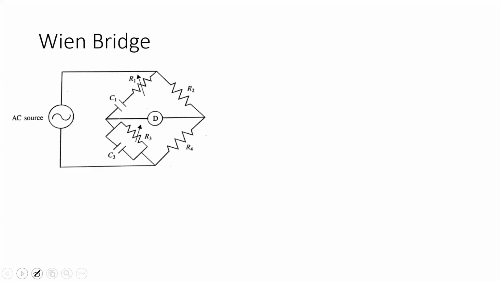Now, lastly, today I'll discuss another bridge circuit, one for measuring unknown frequency. It can be used for measuring the signal frequency. If the frequency of the signal being transmitted into this bridge network is not known, then that frequency can be determined in terms of the circuit parameters.